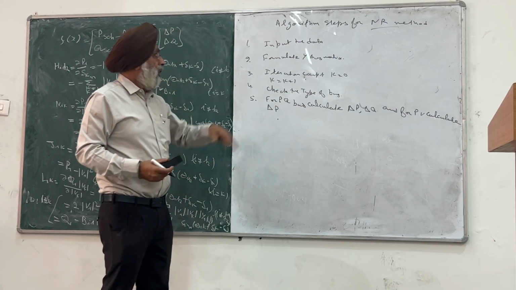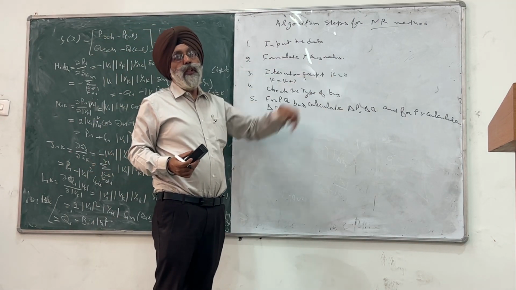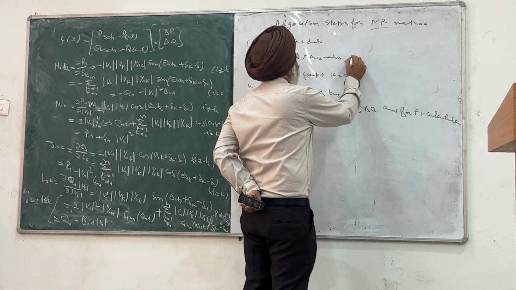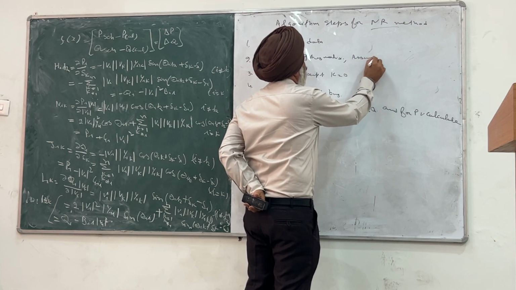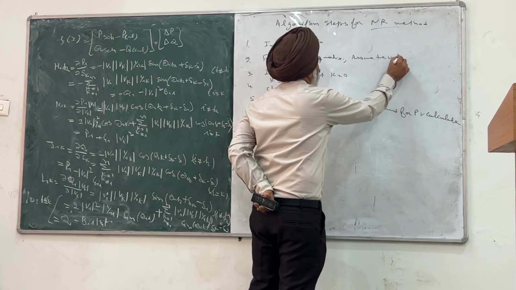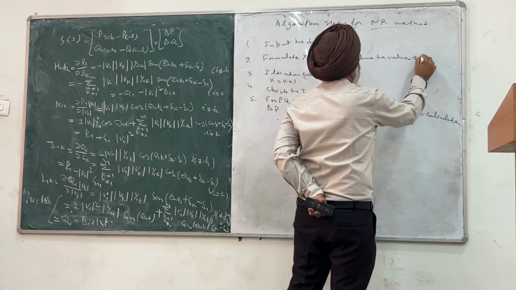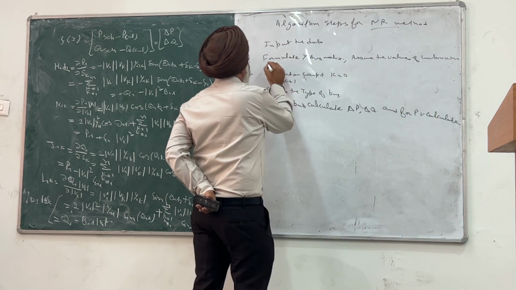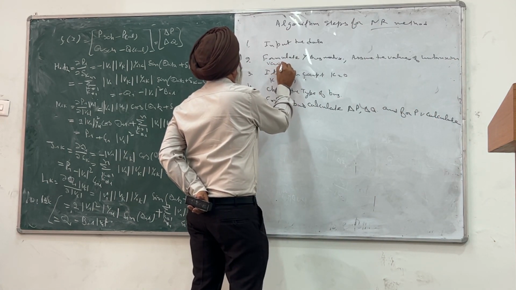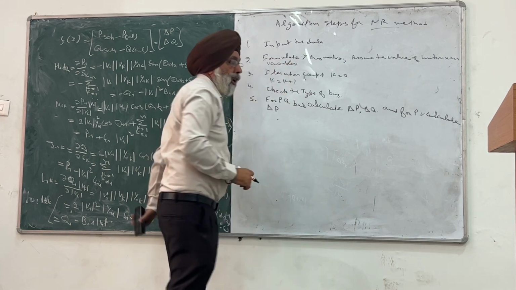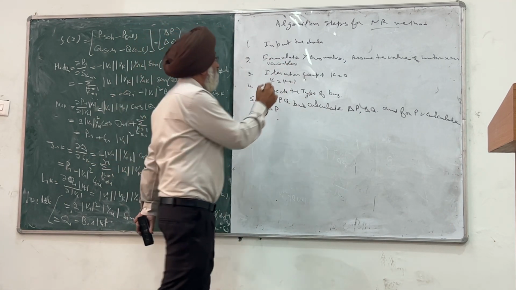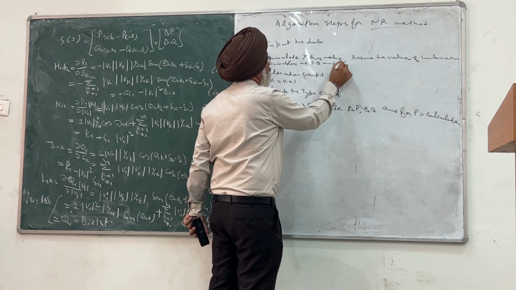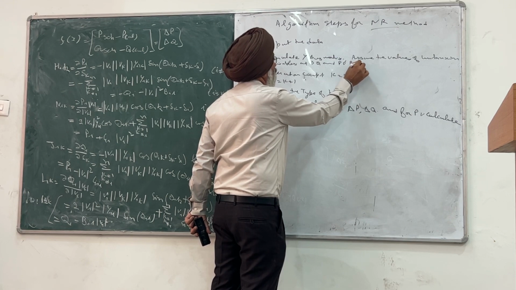So in the second step, we have formulated the Y bus matrix, and also we have to assume the values of unknown variables at PQ and PV buses.